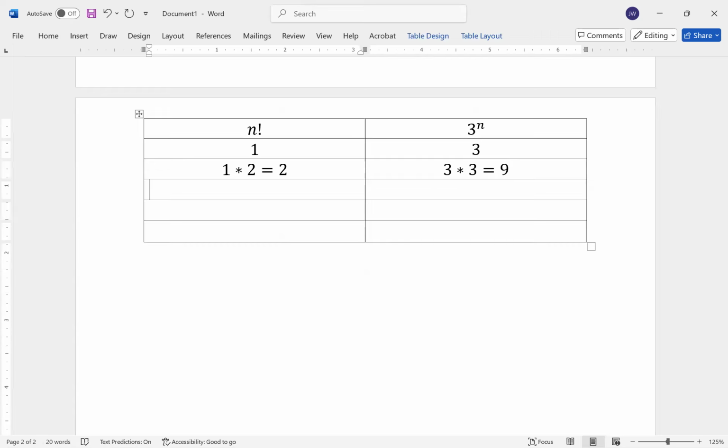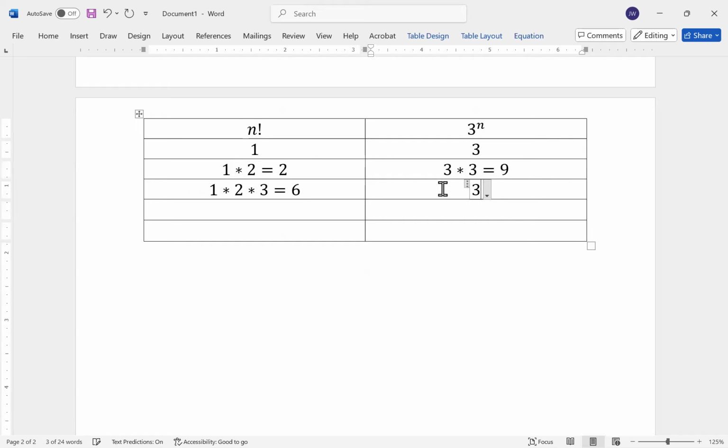So the first few terms, when I increase n, it's not growing as fast. Let's say n is equal to 3. Then I end up with 1 times 2 times 3, which is obviously 6.